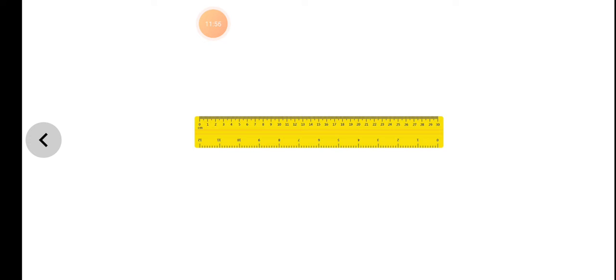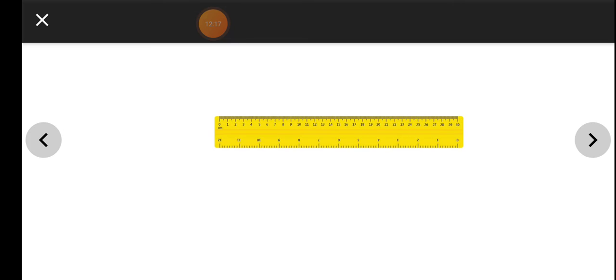And step 2, place the zero mark of the ruler at the left end of the thing. Then read the number on the ruler that marks the right end of the thing. That will be the length of the given object.